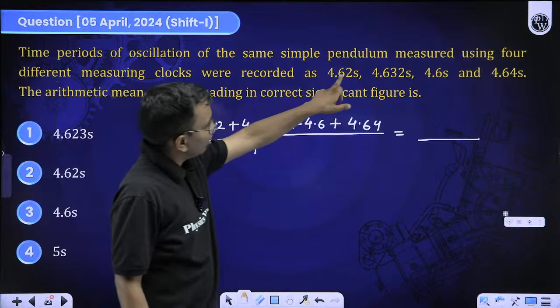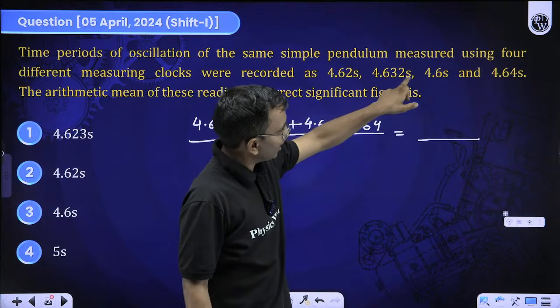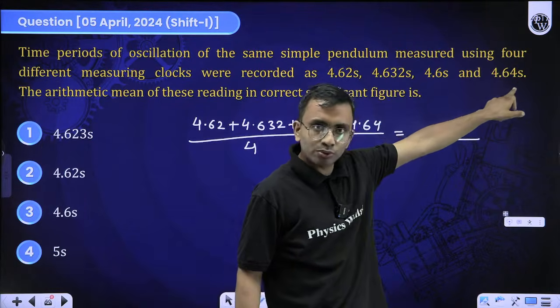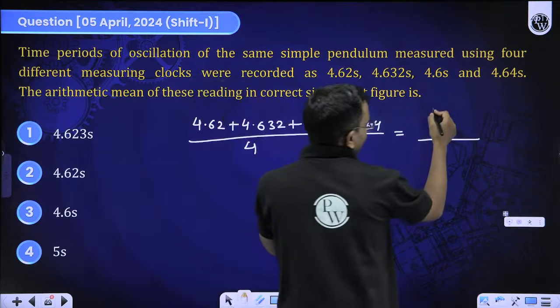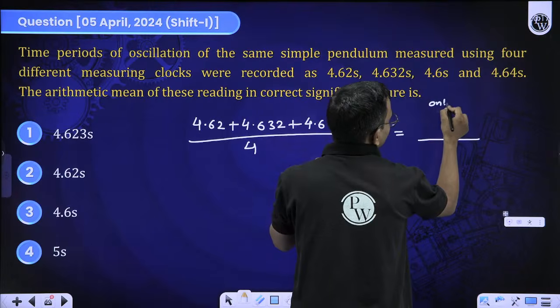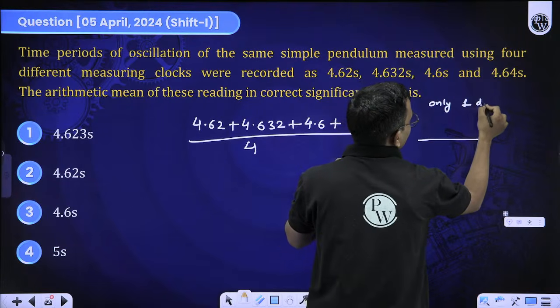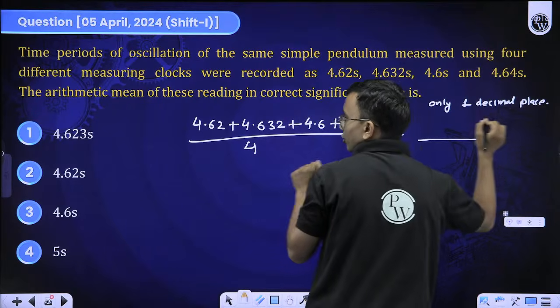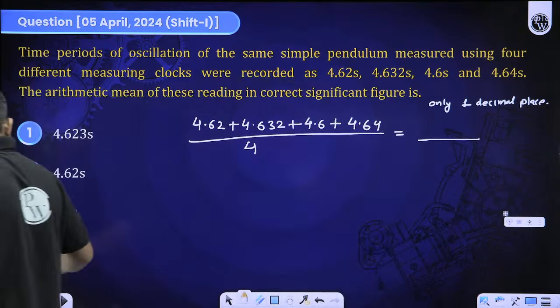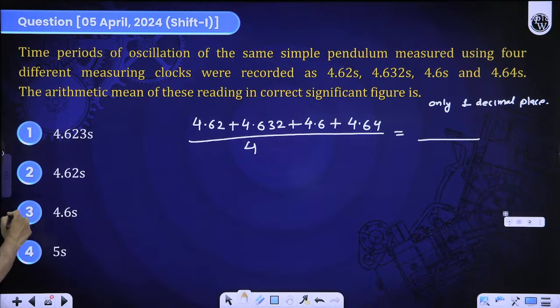Because here 2 decimal places, 3 decimal places, 1 decimal place, 2 decimal places. Final answer should contain only 1 decimal place. Here only 1 decimal place I need. You can see in the options also only 1 decimal place. So third is the correct answer.